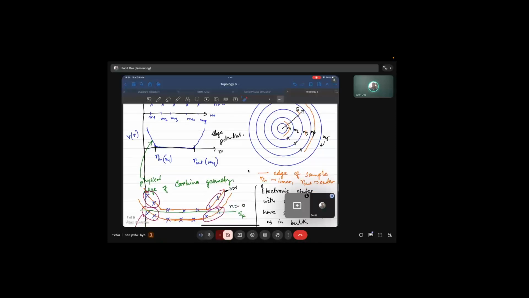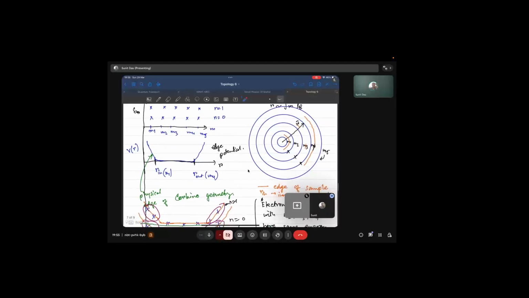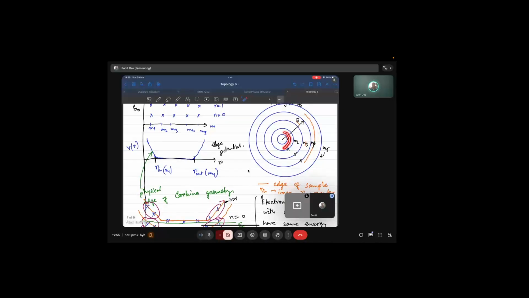Now we tried to construct physically what is happening in the real sample, because real samples are essentially finite. It is not an infinite periodic system, right? So in the Corbino geometry, we constructed a finite geometry by saying that this is my R inner and this is my R outer.